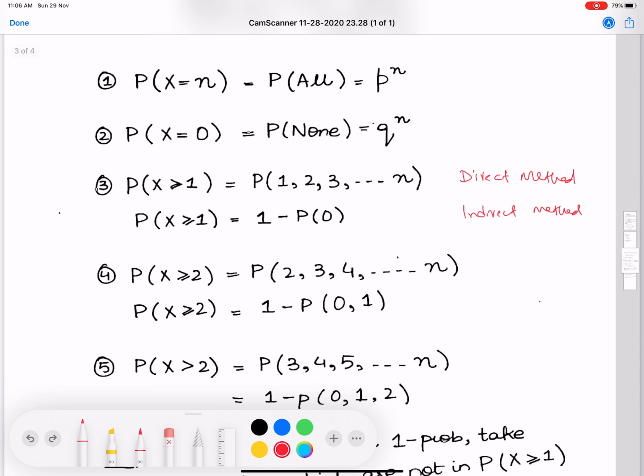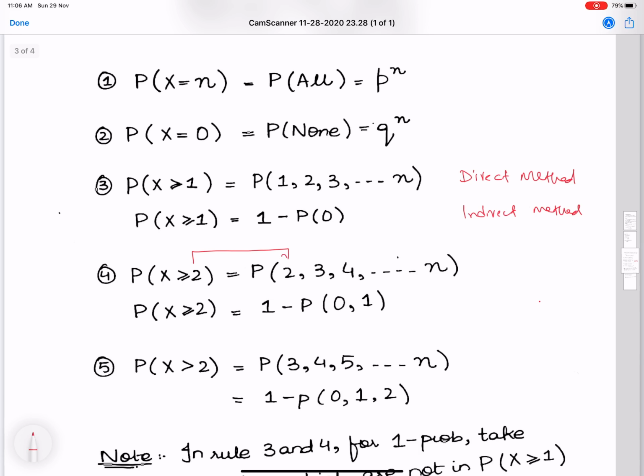Now, for probability x greater or equal to 2, obviously you start from 2, but this method is lengthy, so you will have to use the indirect method. According to the direct method, the numbers 0 and 1 are not in the list, so when you use the indirect method, you should use 1 minus P of 0, 1. Write those numbers which are not in the list of the direct method.